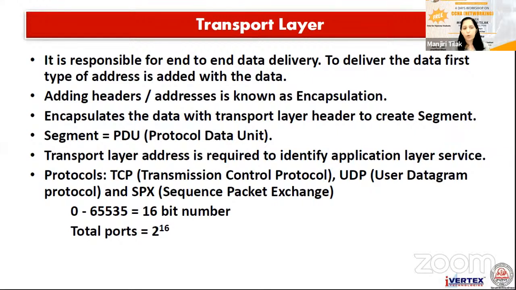And all these protocols use port numbers as addresses to identify the application layer service. And this port number is a 16-bit number, so it varies from 0 to 65535. So a total of 2 raised to 16 port numbers are available. Is that clear? What is the function of the transport layer? Any doubt in the transport layer?